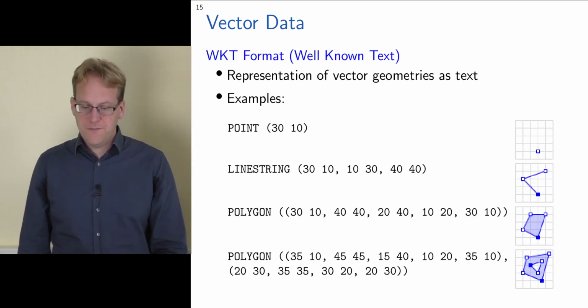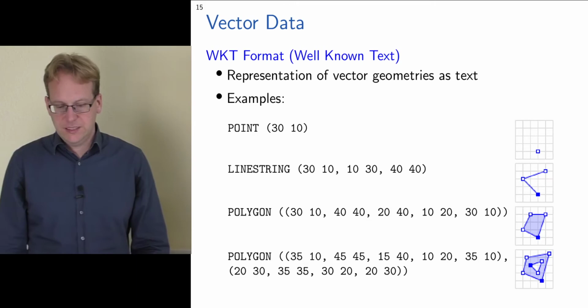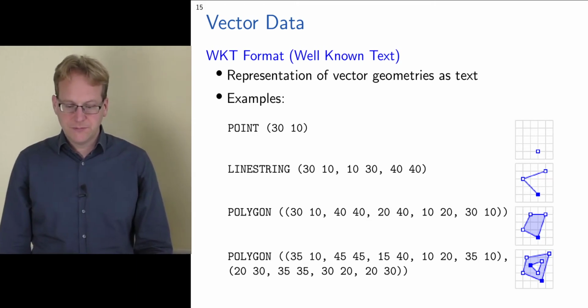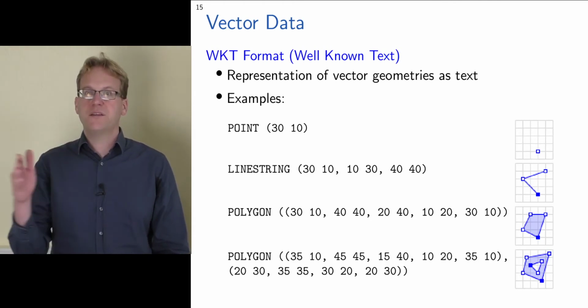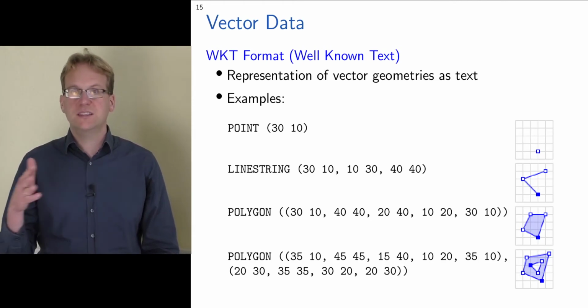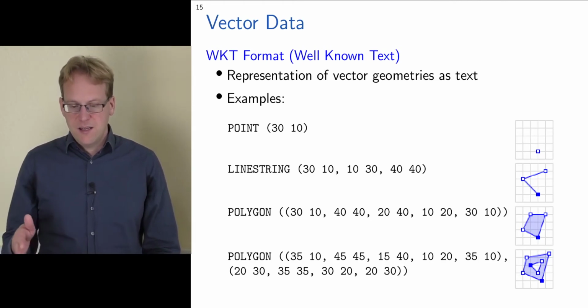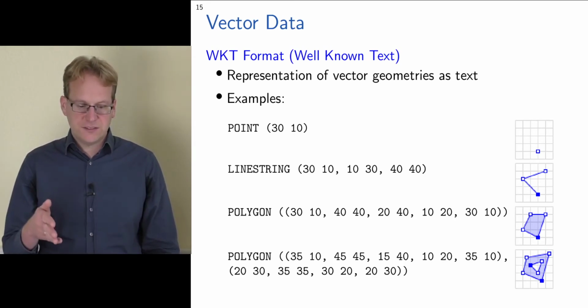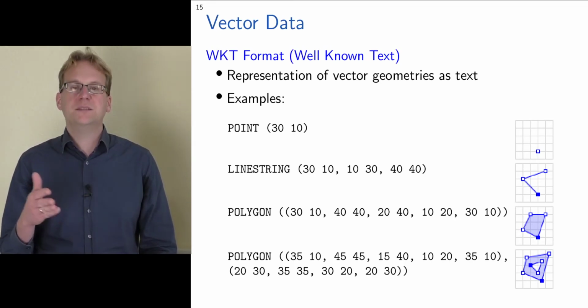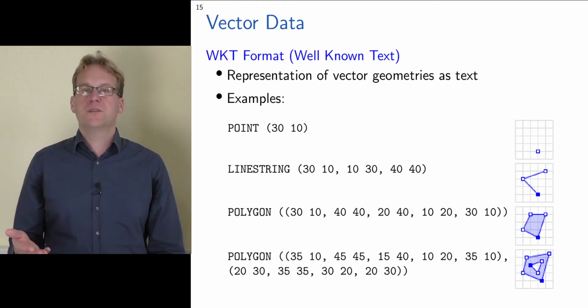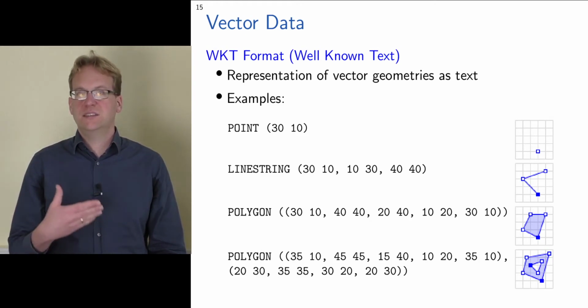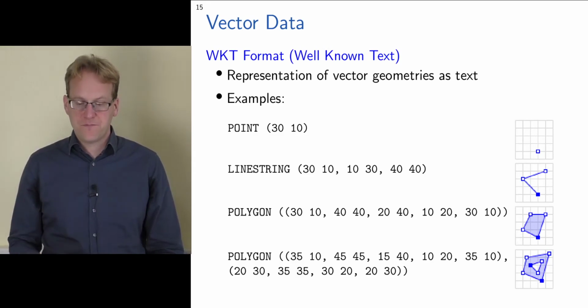Okay, to look at some examples, most often geographic data is stored in binary format, which is not easily readable for us. But there are multiple text formats where you can actually open the data in a text editor.